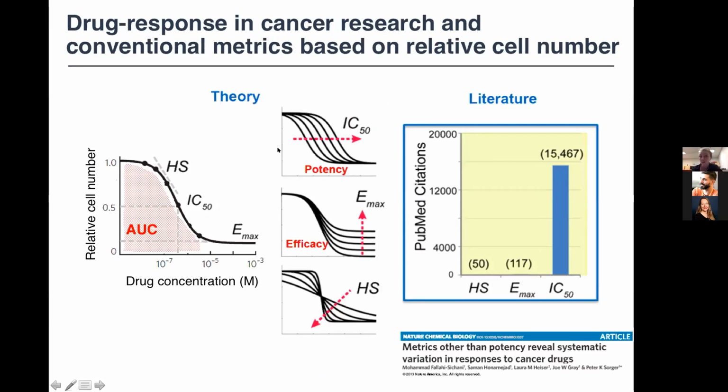Just looking at conventional drug response metrics in cancer research, or really in any field, to make the point that although IC50 has typically been what most people use, reference, and seek out to make comparisons between different drugs and different cell lines, there's actually a lot of variability in all of the different summary statistics for these dose response curves. That includes the Emax, looking at efficacy, as well as the shape of the Hill slope for these sigmoid curves.